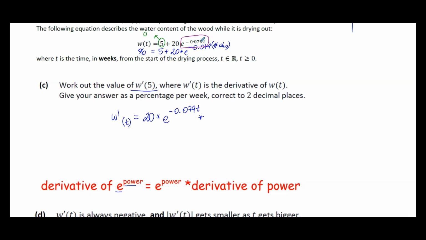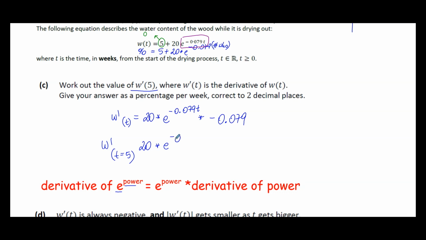So the derivative of that will be what? Minus 0.079. When my variable has no power, the derivative of that is the number that stands beside it. So I don't really have to work out the numbers. That's not what they are looking for. They are saying when t is 5. So we take that and we replace t with 5.